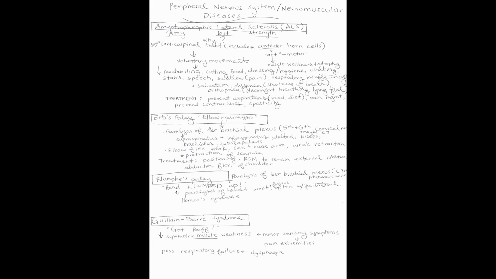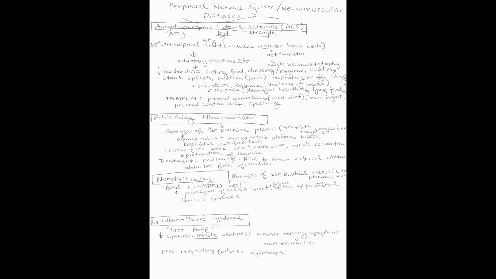This causes paralysis of the supraspinatus, infraspinatus, deltoid, biceps, brachialis, and subscapularis. There is elbow flexion weakness. The person cannot raise their arm. They will have a weak retraction and protraction of the scapula. Treatment would include positioning, range of motion to retain the external rotation, abduction, and flexion of the shoulder.